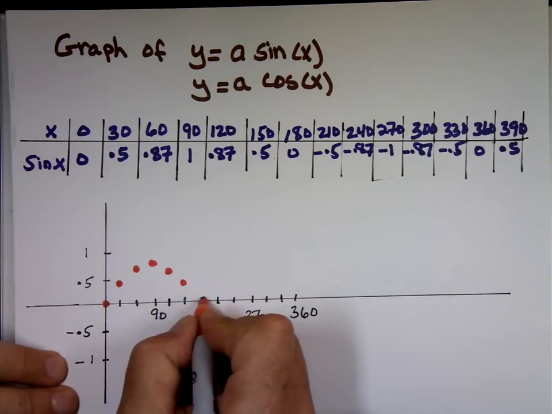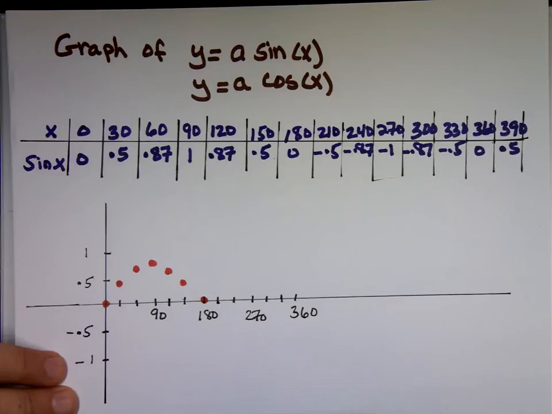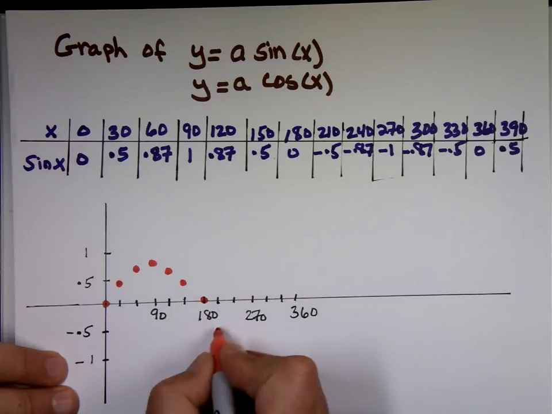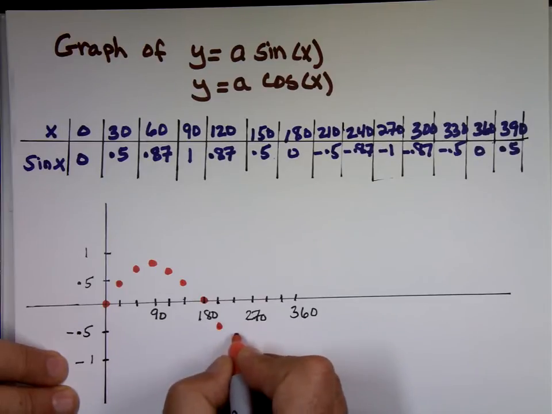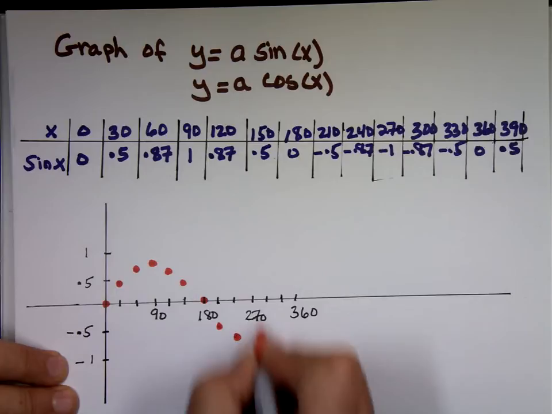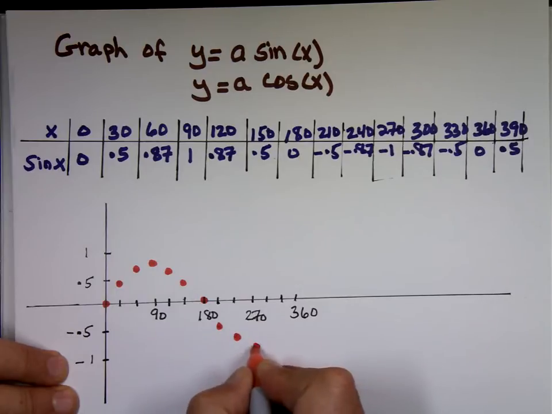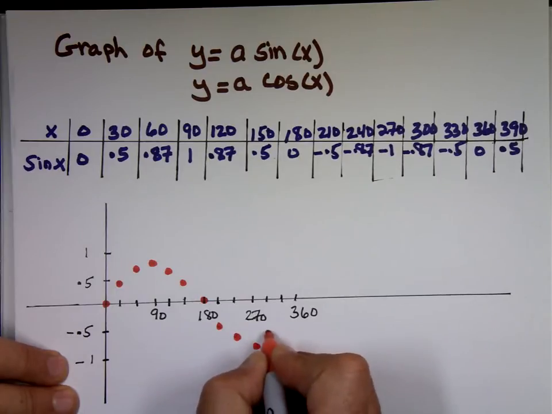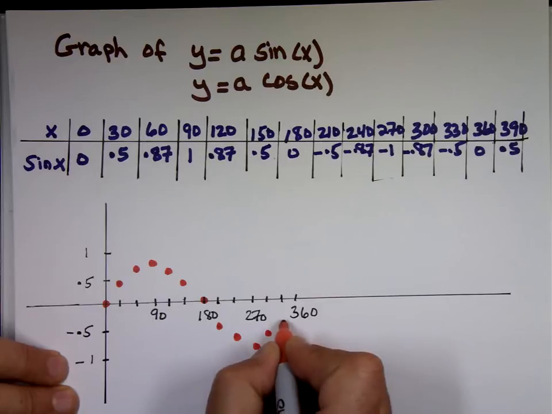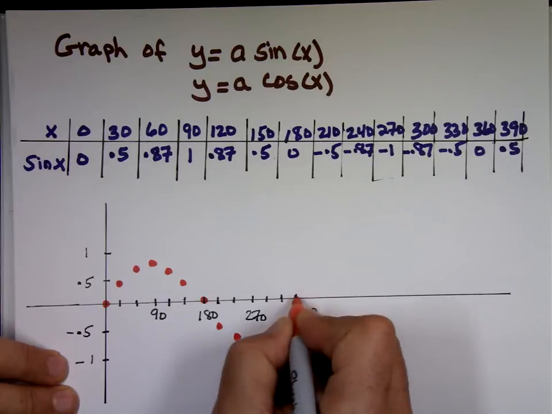150 is 0.5. 180, back to 0. 210, minus 0.5. Next one, minus 0.87. Next one, minus 1. Negative 0.87. Negative 0.5. 0.